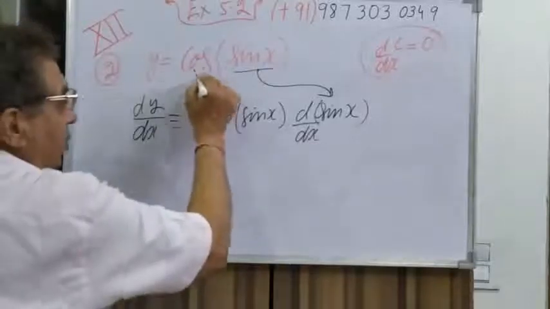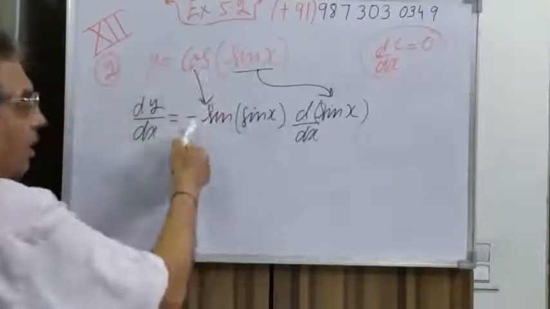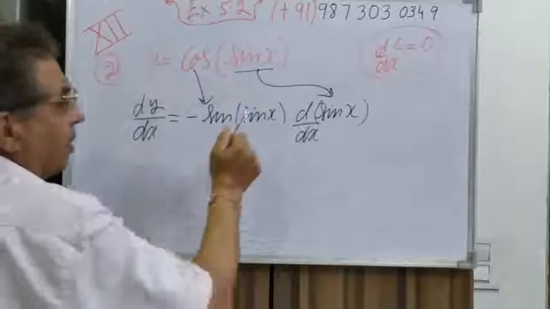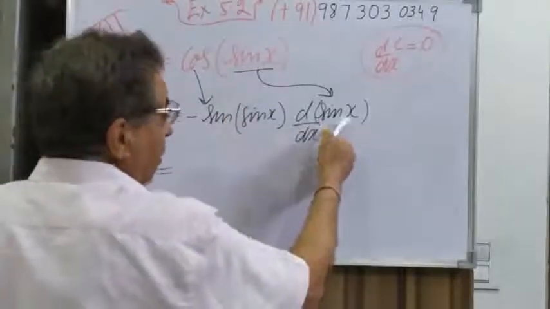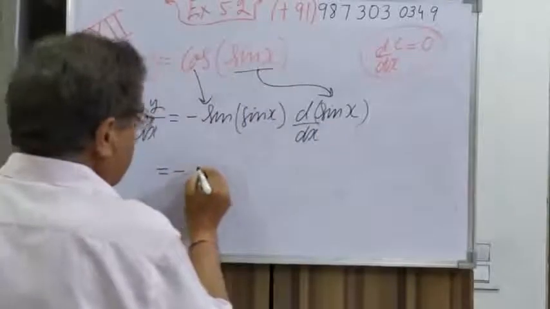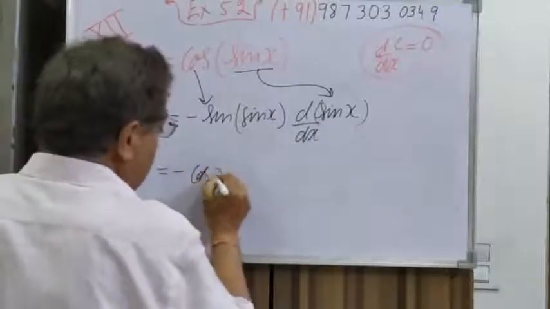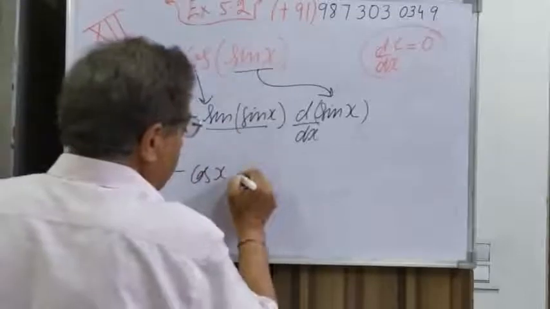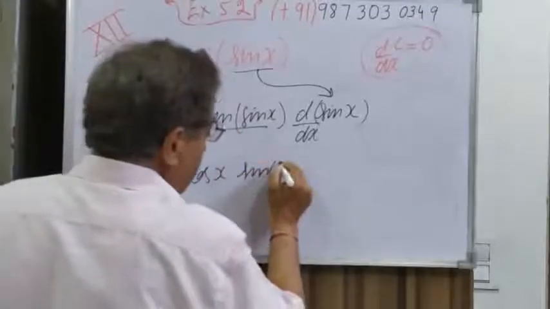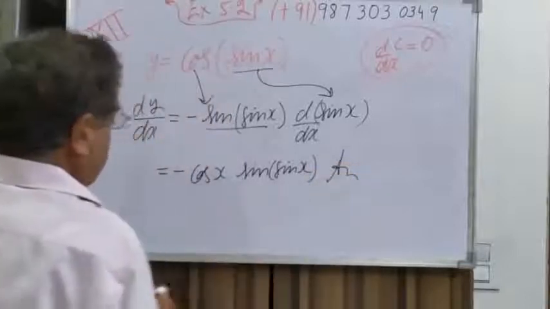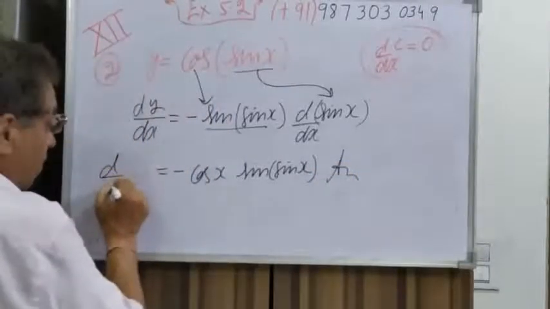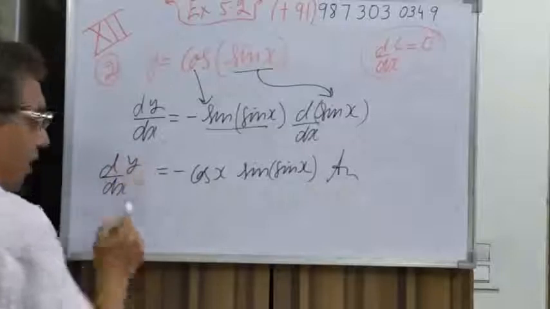First of all, the derivative of cos gives minus sin as it is, then d/dx of sin x, and the answer for sin x is cos x. So I write cos x first, and then sine of sin x as it is.